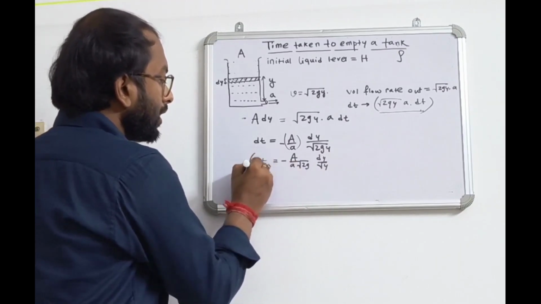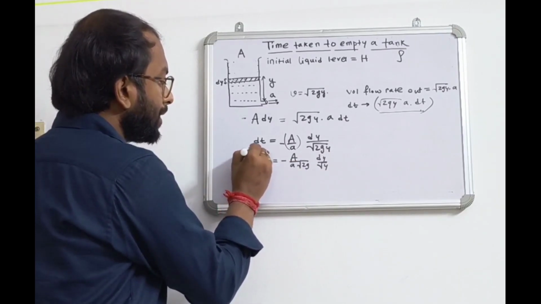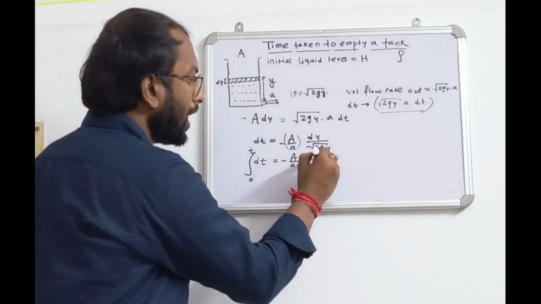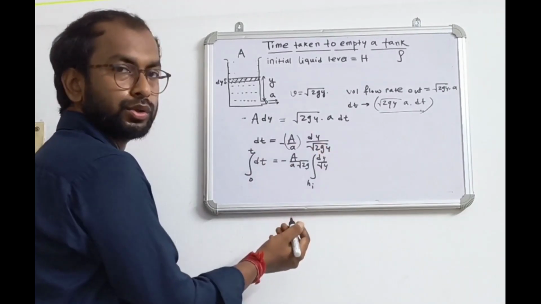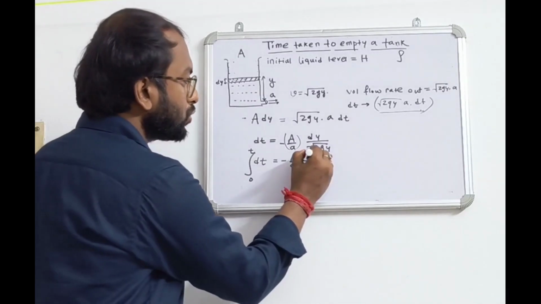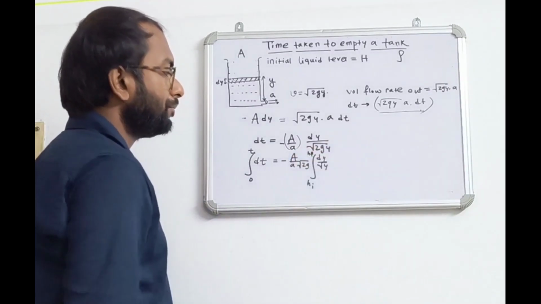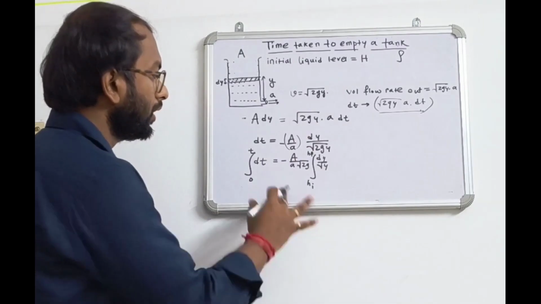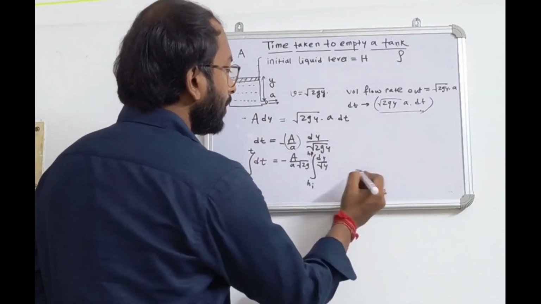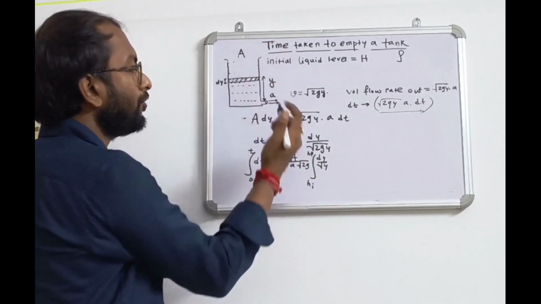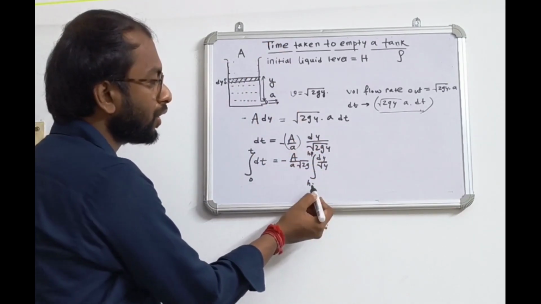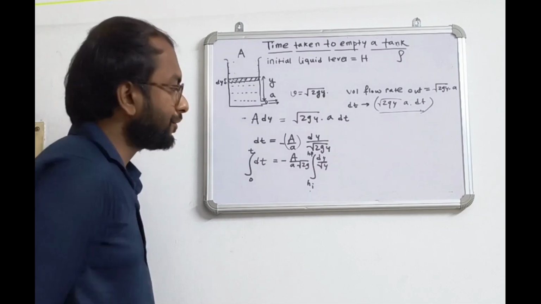Let's say from 0 to time t, the height of the column is reduced from hi to h final. Then we can integrate this term and find out how much time it will take for the liquid column level to go from height h1 to height final hf.